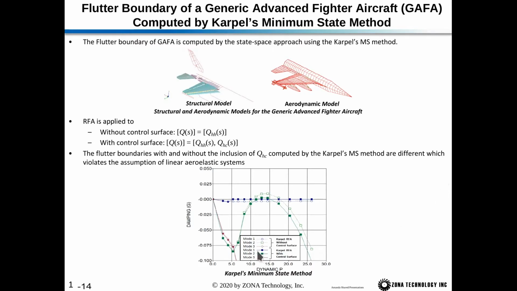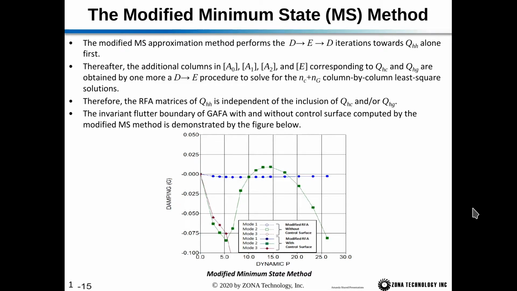Our solid curves here are with the control surface, and our dashed curves are without. You can see that the flutter boundary here, which occurs on mode 2, is different with and without the control surface, which is not correct.